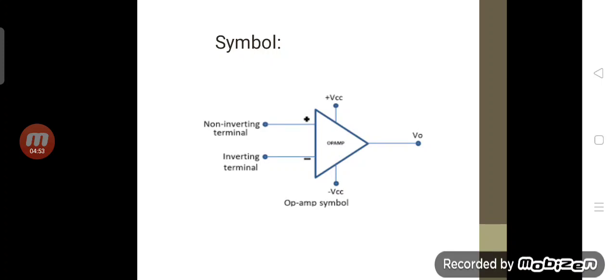Now in this operational amplifier, the input terminal which is marked by a positive sign is known as the non-inverting input terminal, and the other input terminal which is marked by the negative sign is known as the inverting input terminal. Let's say V1 and V2 are the input signals applied to this operational amplifier, and the gain of this operational amplifier is A. Then the output will be equal to A times (V1 minus V2).